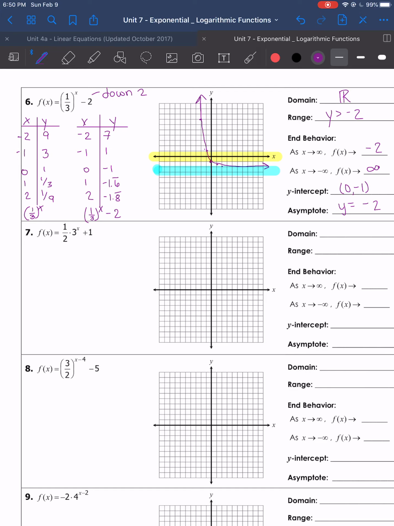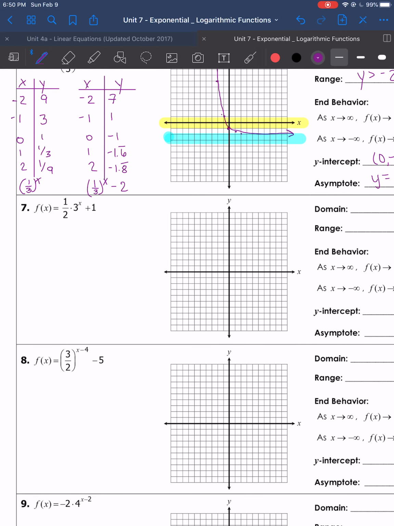So let's do number 7. So let's do our parent function, which is 3 to the x, and then we'll deal with the other one. x, y, and this is going to be f of x, this long thing. -2, -1, 0, 1, and 2.